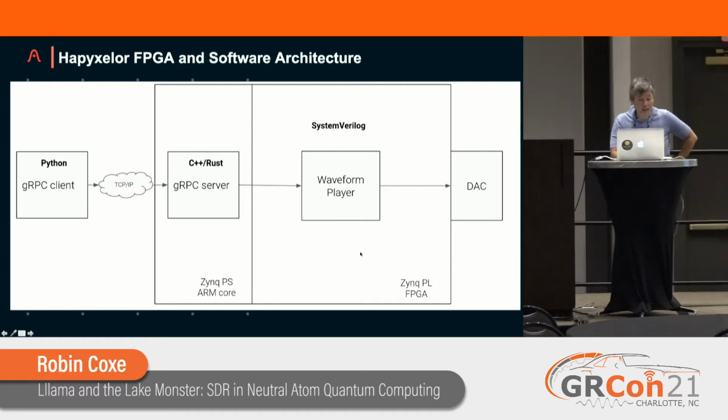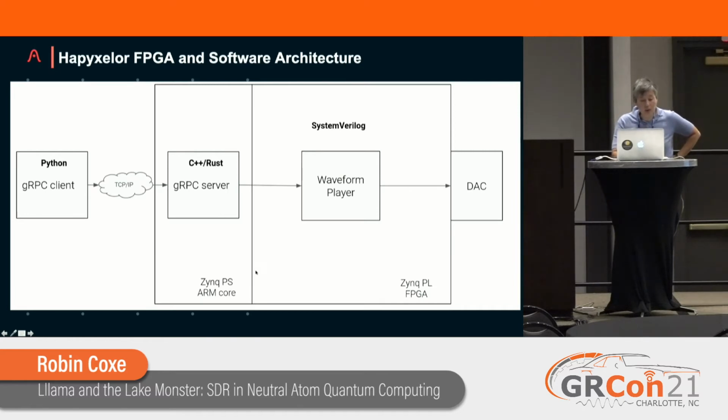We have the waveform player, which is capable of creating linear waveforms, single tones, ramped and chirped waveforms, ramps that are both linear and nonlinear, and arbitrary waveforms like those Gaussian pulses that we need to actuate the 1-qubit gate. Those are all FPGA blocks.